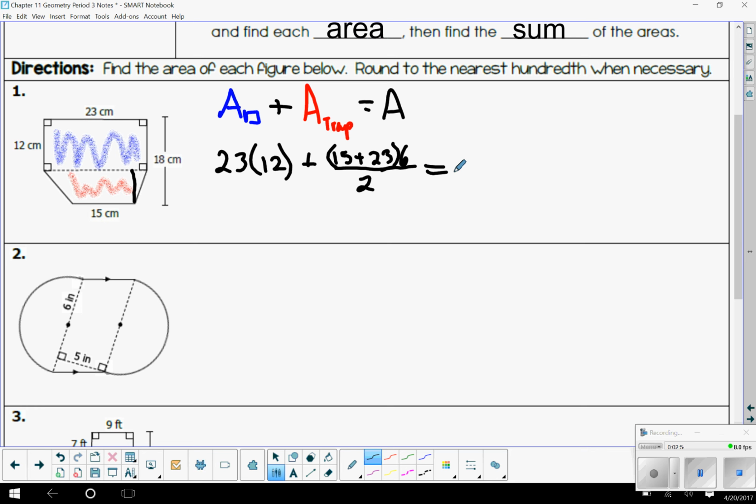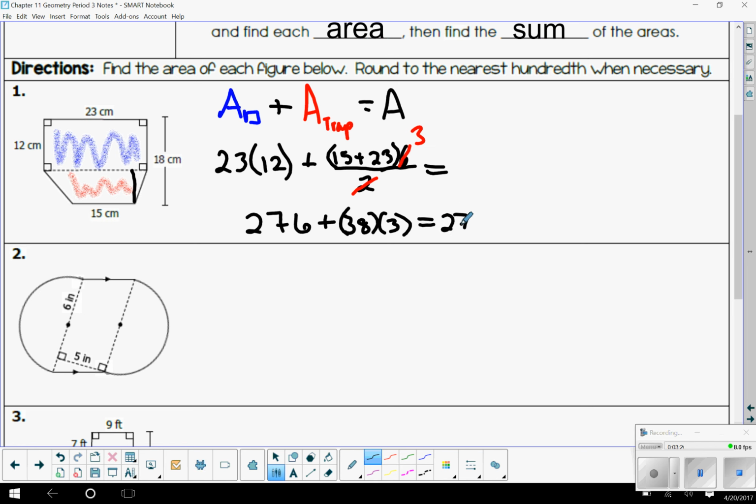Right here, you could reduce the 2 and the 6. That would give you 3, just to make it easier. What's 23 times 12? 276, is that right? Yeah. And then 15 and 23 is 38 times the 3.